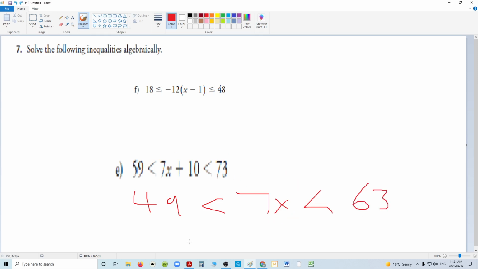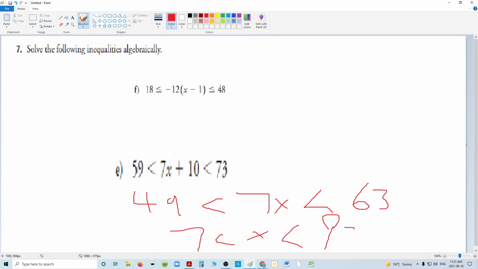And when I divide by 7, I get 7 is smaller than x, which is smaller than, here's probably one of those situations, because this divided by 7 is, oh geez, what's going on? 8 times 7 is 56, plus 7, 63.